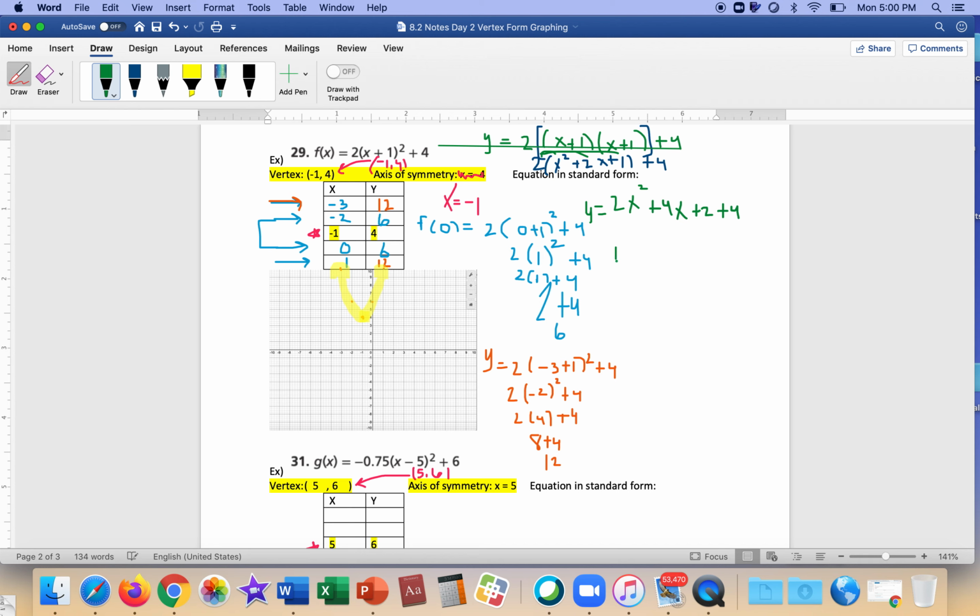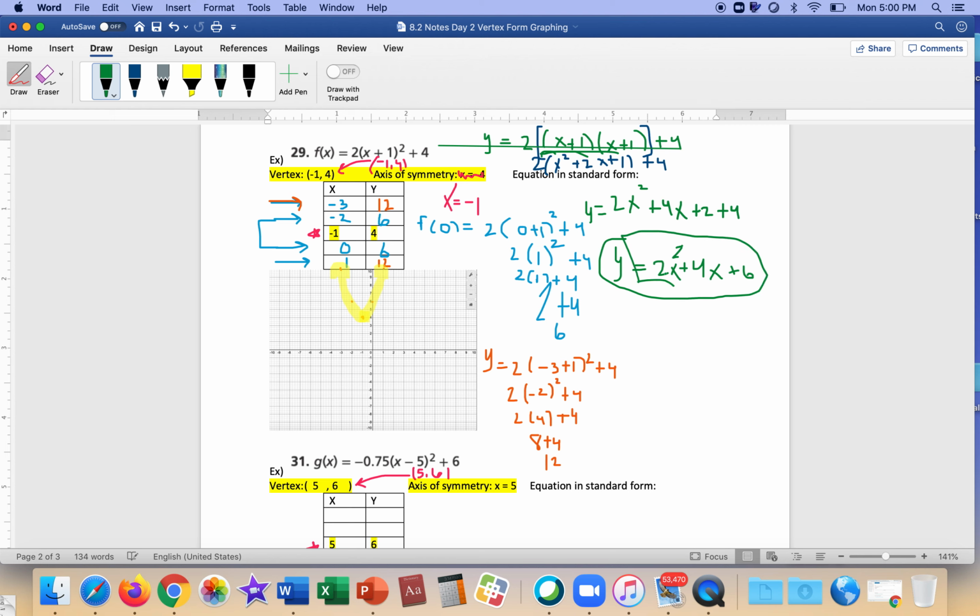So then we would have y equals 2x squared plus 4x plus 6. So that is the same equation, it's just written in standard form.